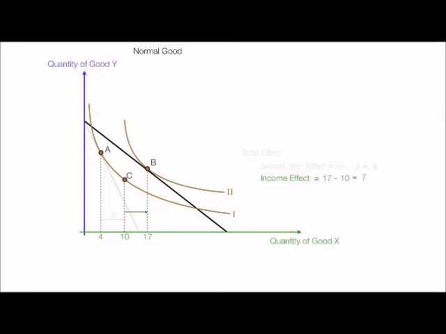And I will label that I. The total effect is going to be that distance, and it's going to be the substitution effect plus the income effect is the total effect, which is 17 minus 4, and this is equal to 13. I could also take 6 plus 7, which is 13.